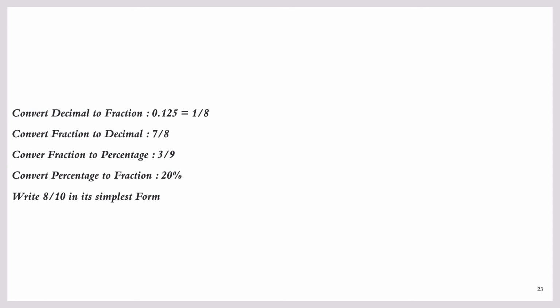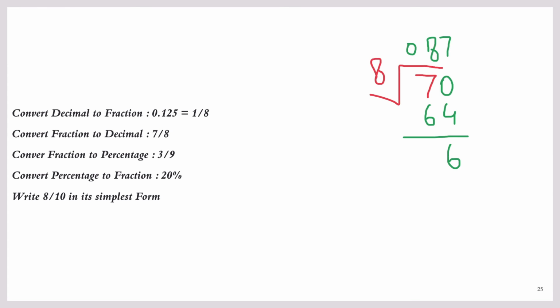Next up, we have converting fractions to decimals. We have 7 over 8. How we do it is we simply put the numerator as the dividend and the denominator as the divisor, 7 divided by 8. And we put a 0 and then a point to get 70. Then 8 times 8 is 64. That gives us the remainder of 6.